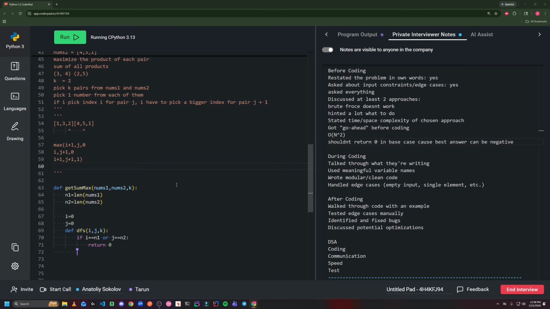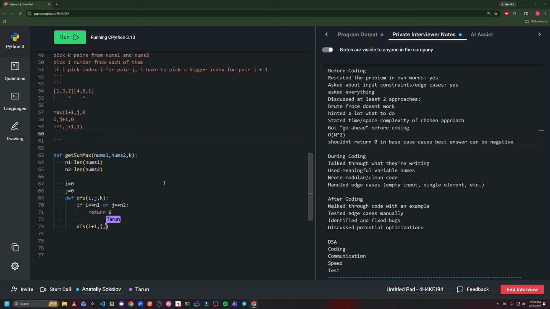Or else, I'm having three options. First is I can skip i, and I'm having 0, i plus 1, j plus 1. Here I can rename this to current pairs.